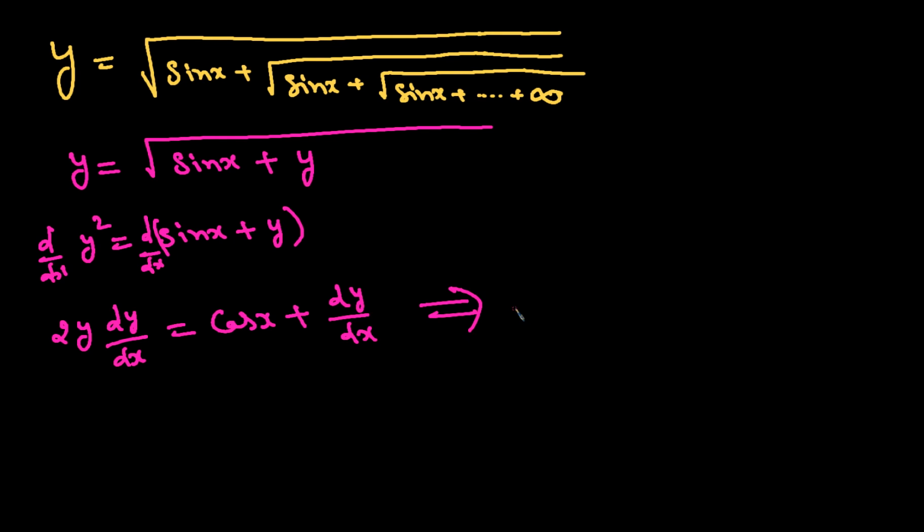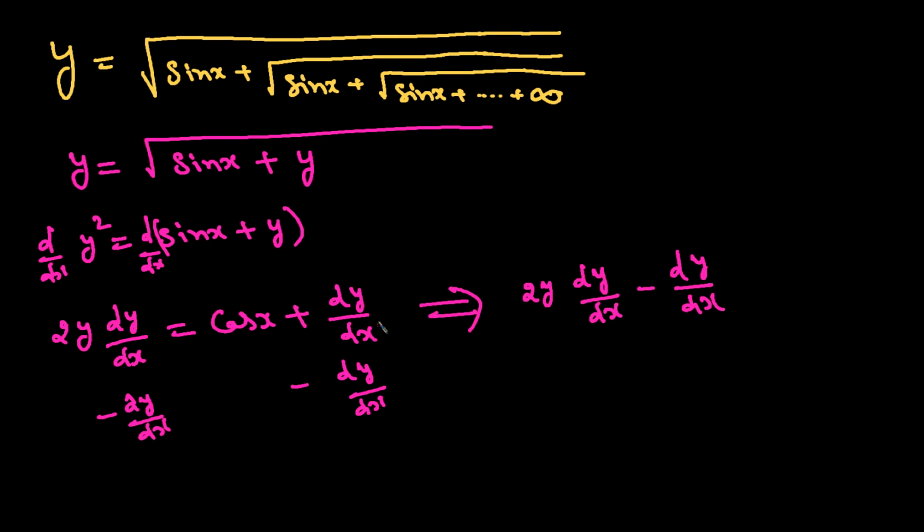Therefore, if I subtract dy over dx on both sides, that gives me 2y dy over dx minus dy over dx, and this will cancel out here, is equal to cosine x, right?